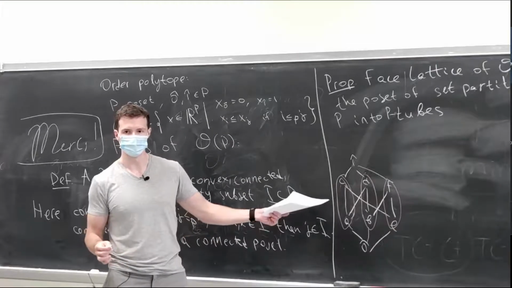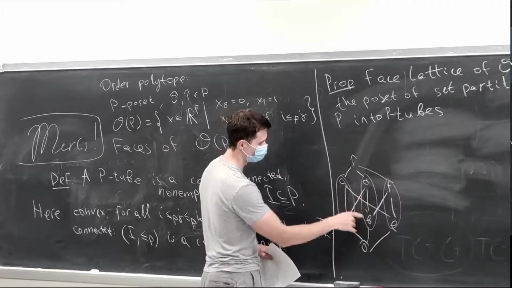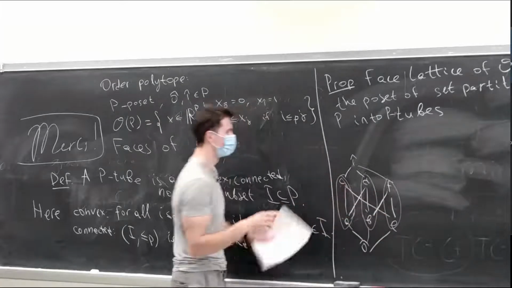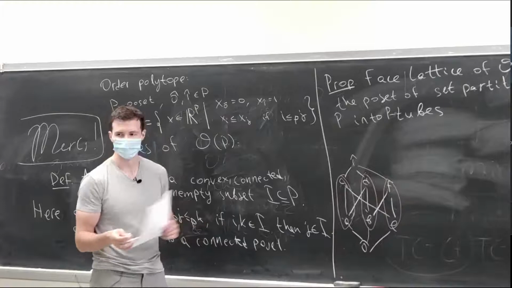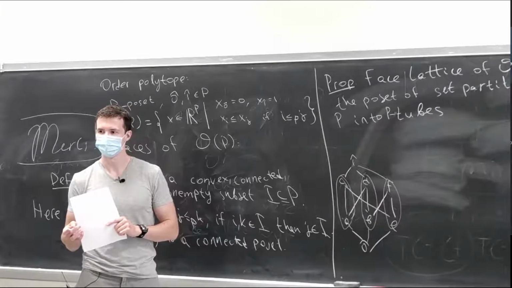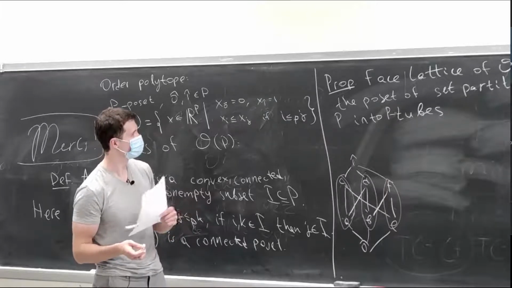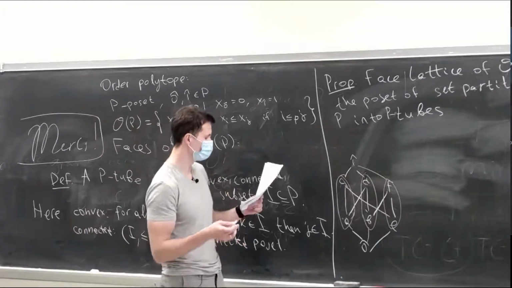I still get a contradiction here because A is less than D, B is less than F, but E is less than C. So there should be some sort of condition that the quotient poset is still a poset.